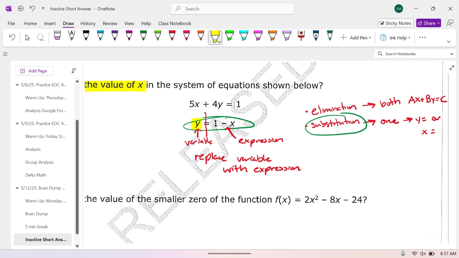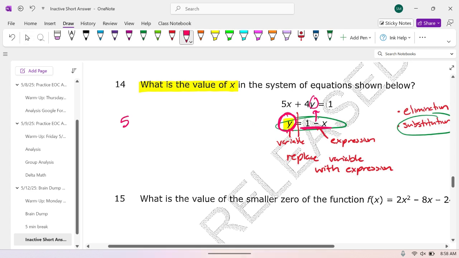The y. What's the expression? 1 minus x. So if we're replacing a variable with the expression, which variable am I replacing? The y. All right? You replace the singular variable with the expression it's equal to. So we're taking the y, replacing it with 1 minus x.